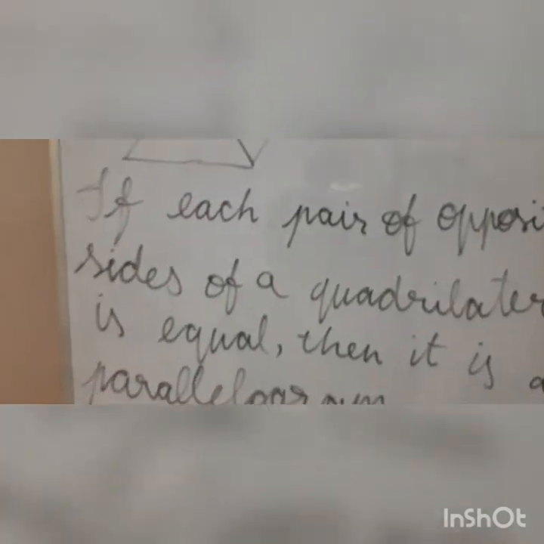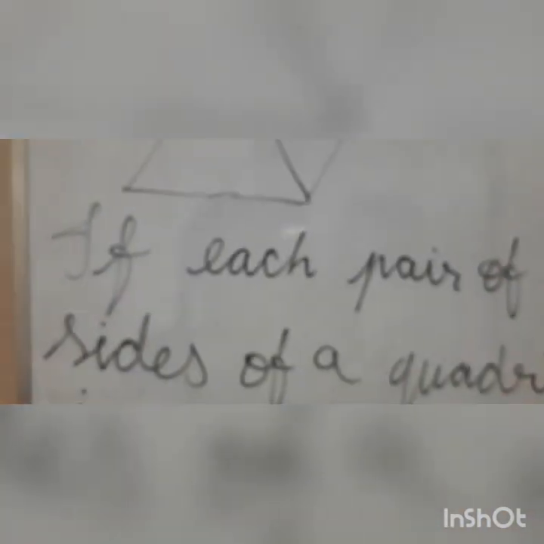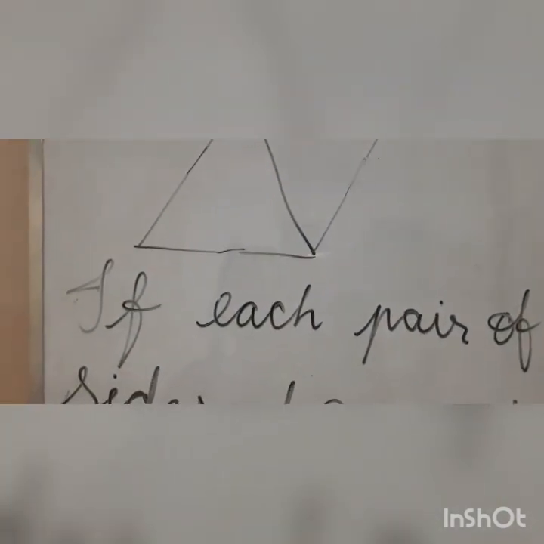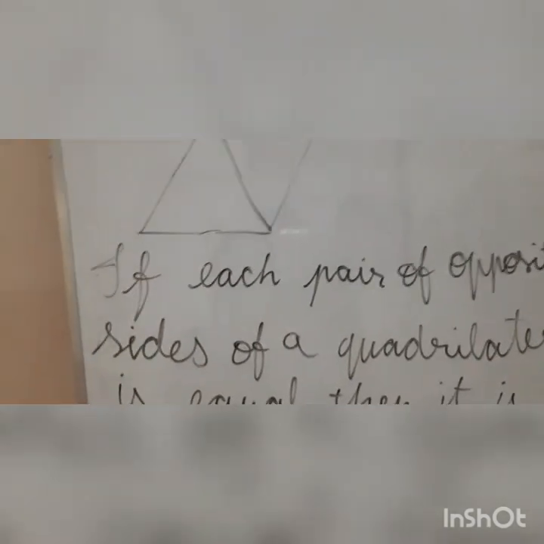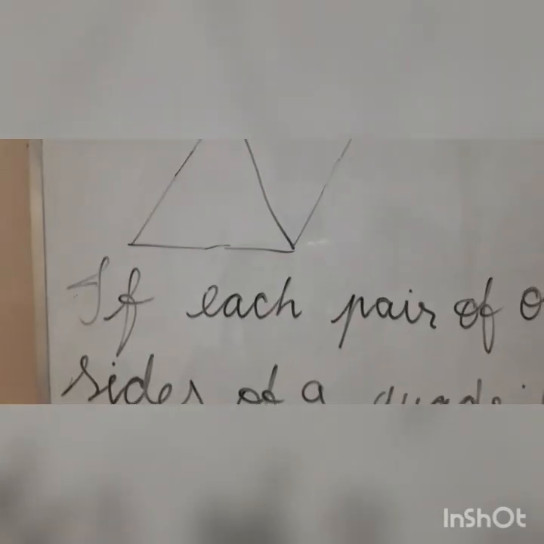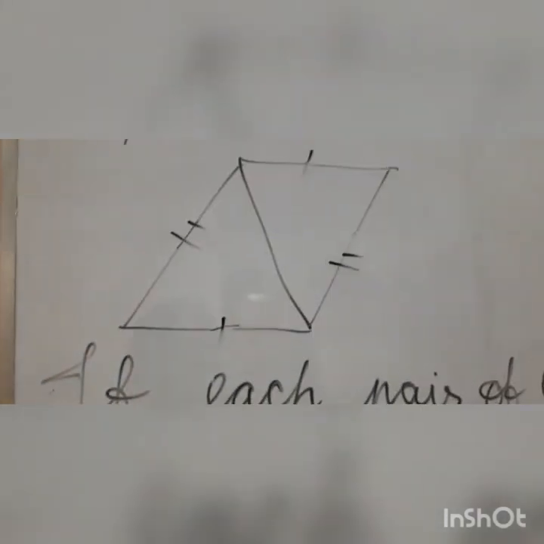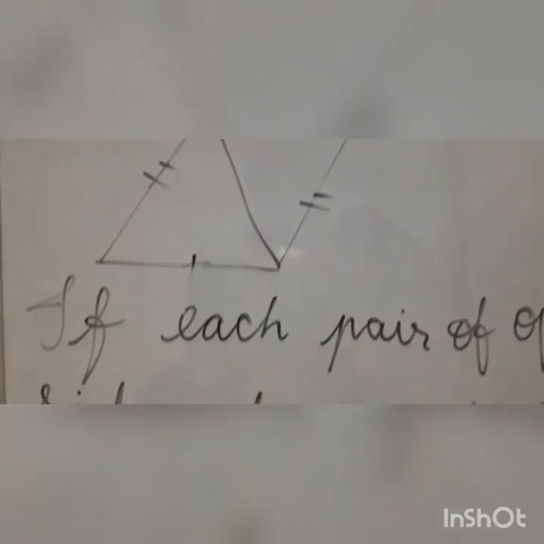So here they have said that if each pair of opposite sides of a quadrilateral is equal, then it is called a parallelogram. If these two sides and these two sides are equal, then it is called a parallelogram.